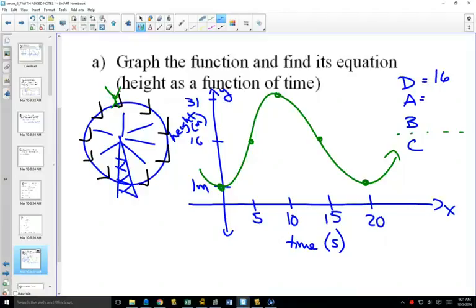16 is our center line. Amplitude, 15. B value is 2 pi over the period. And this time I'm not going to simplify it, because I like the formula. When you have things written as 2 pi over 20, you can see right there that 20 is your period.